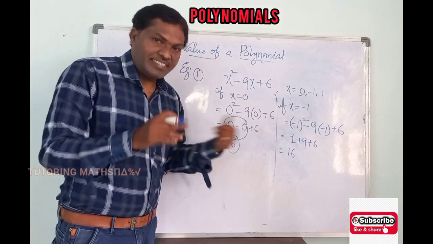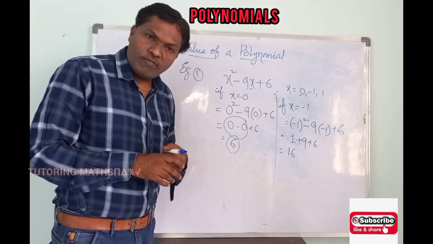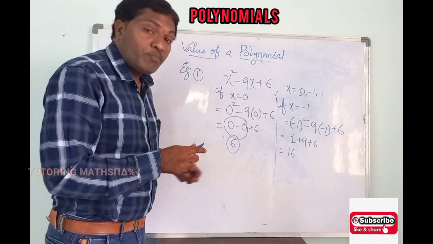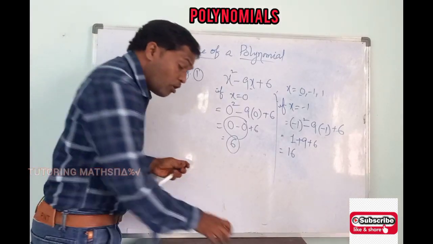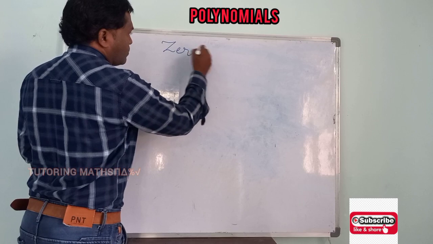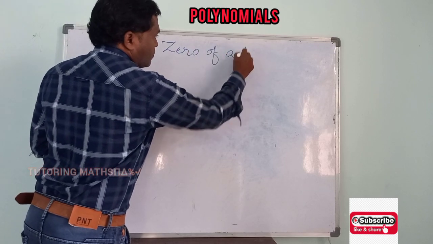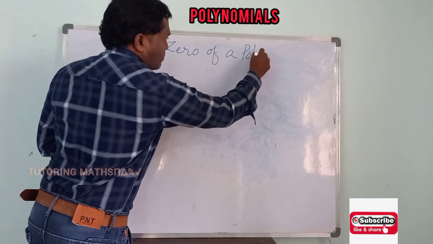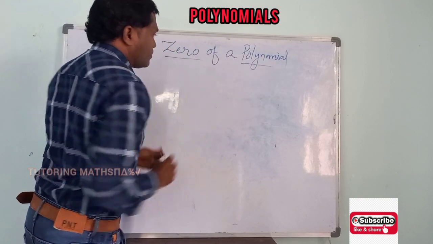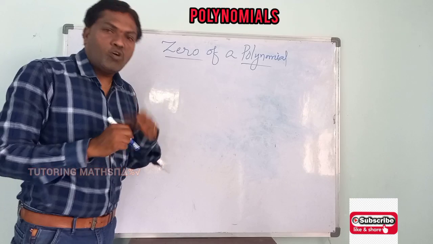You get some result. Okay, this is the value of a polynomial. And let's discuss the zero of a polynomial. What is the zero of a polynomial?